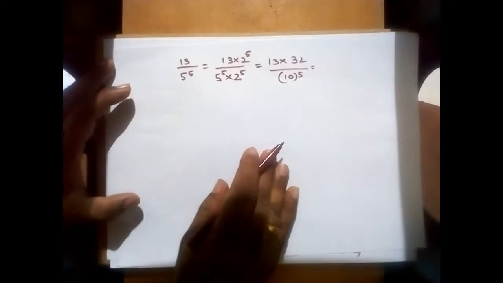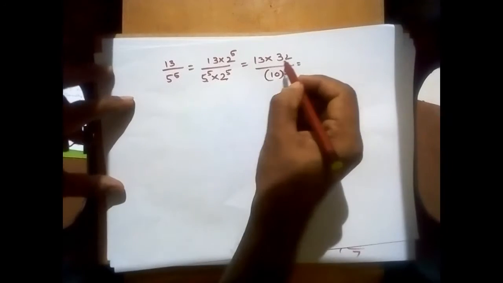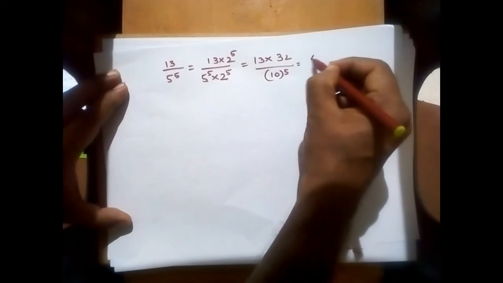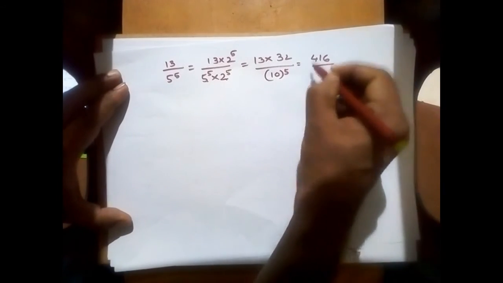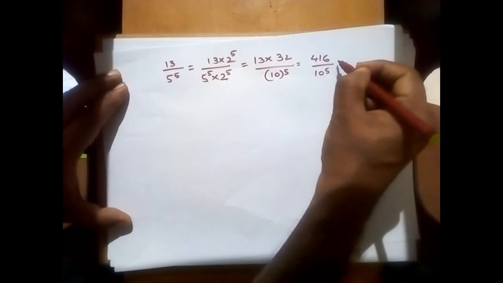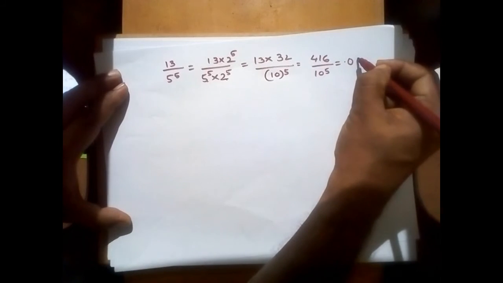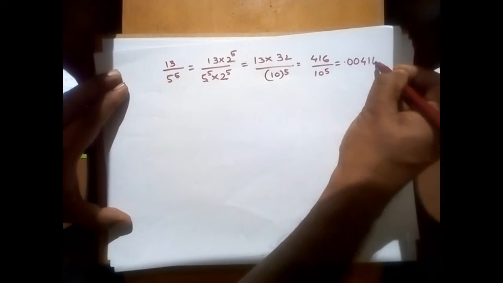So that is equal to 13 into 32, that is 416, divided by 10 raised to 5, which is equal to 0.00416.